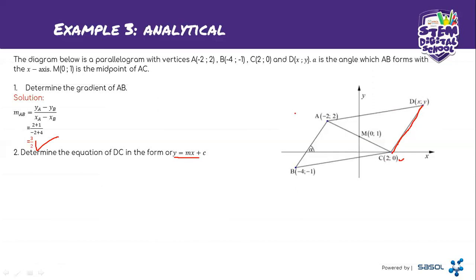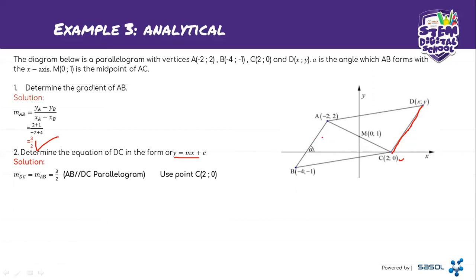So how are we going to calculate that? Let us study this: gradient of DC equals the gradient of AB. Remember that ABCD is a parallelogram, and one of the properties of a parallelogram is that opposite sides are parallel.